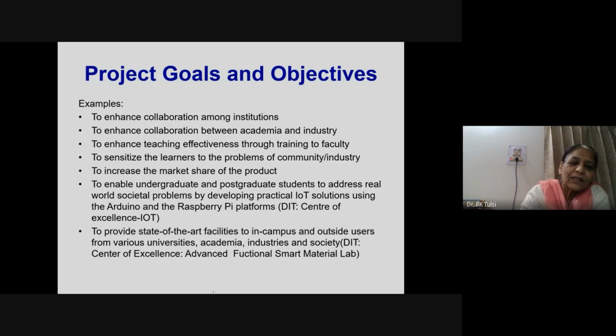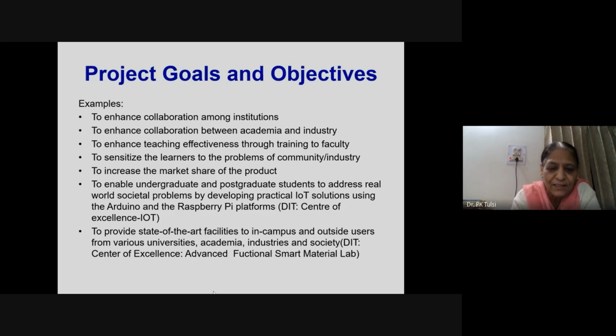This is why they have set it up. The goal is very clear. Another one: they have set up a center for advanced functional smart material lab. And for that also you can see the goal.